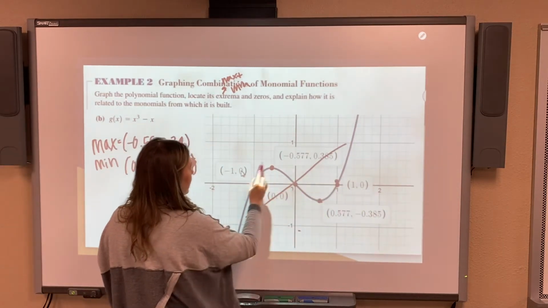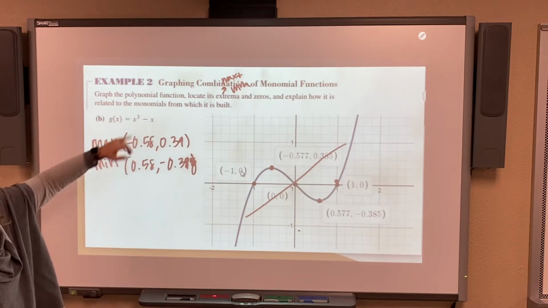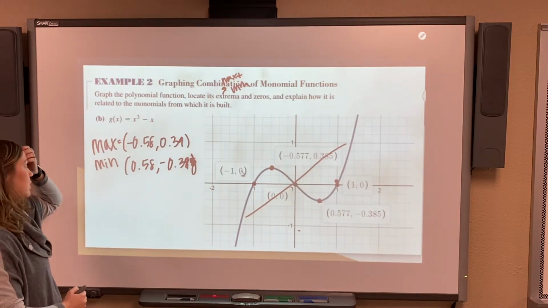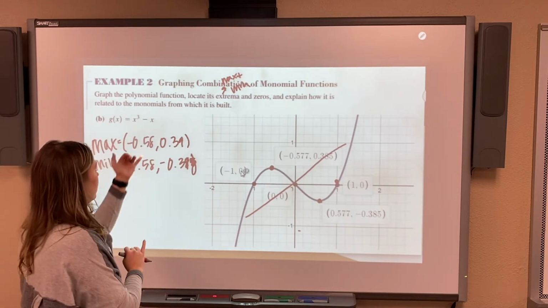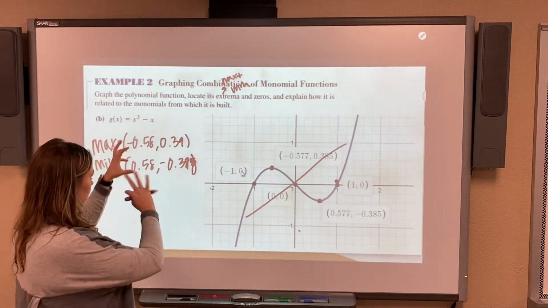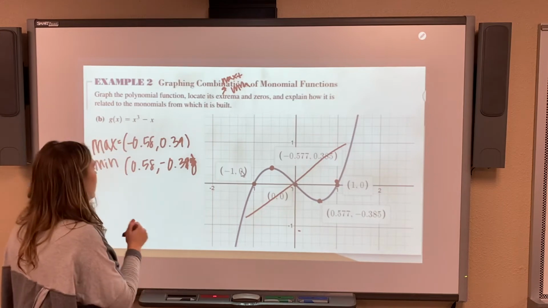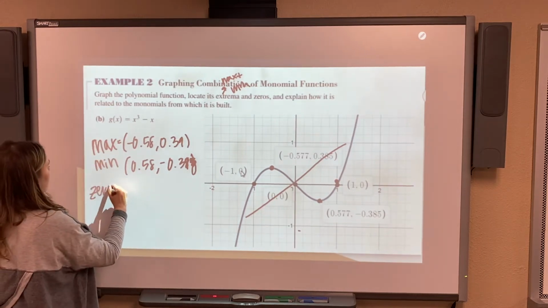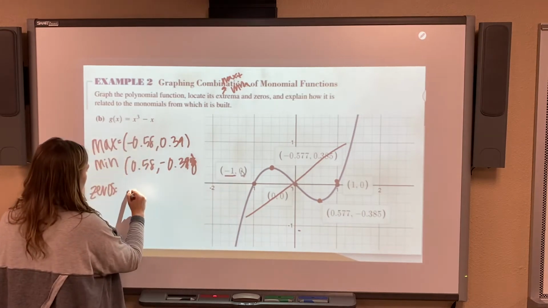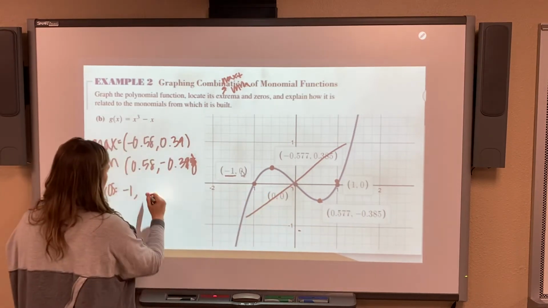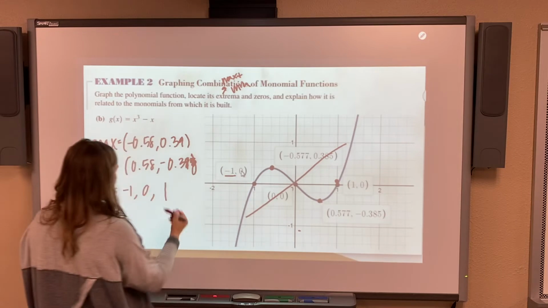And so those are reflections about the origin, and so that's related to the monomials from which it's built. So it's x cubed. And then it is a reflection over the origin, which is your x's and your y's are flipped. Your zeros are where it crosses the x-axis, and so that would be at negative 1. It would be at 0, and it would be at positive 1.